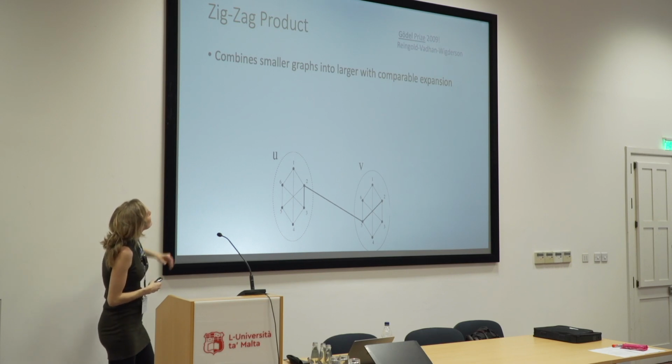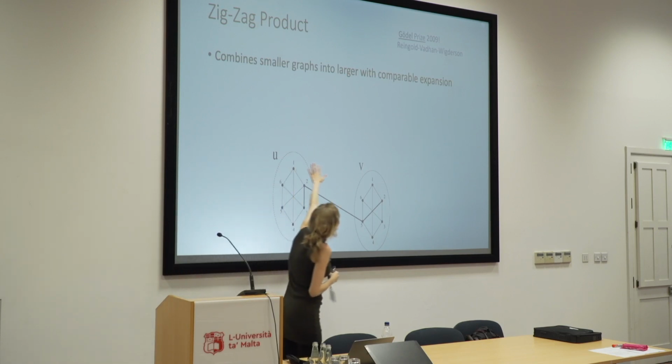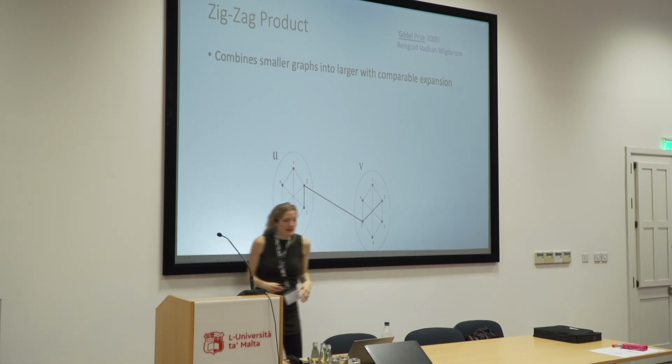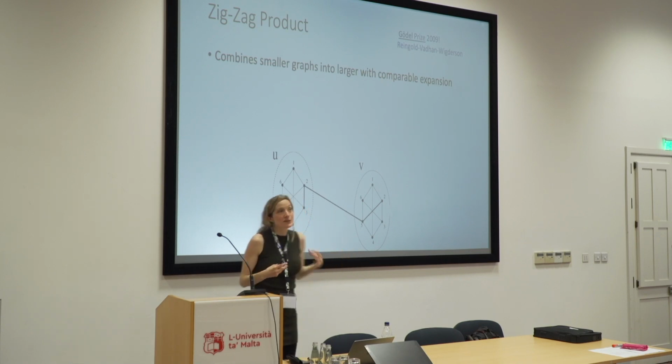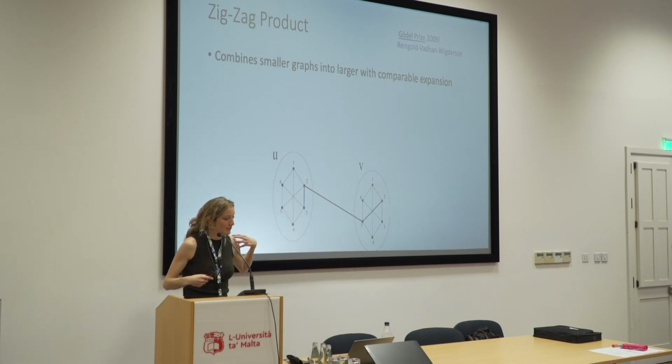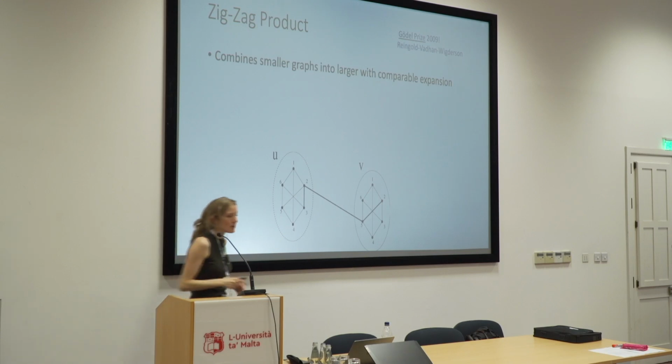Another thing that I want to mention here is a procedure for building up, which is known as the Zig Zag Product. This is a procedure where step by step, you start with 2 smaller graphs.